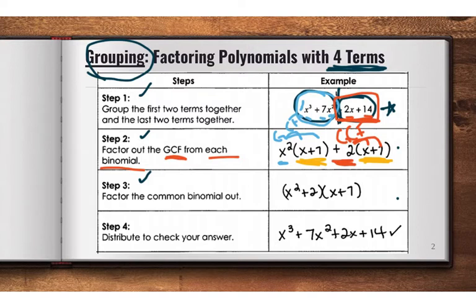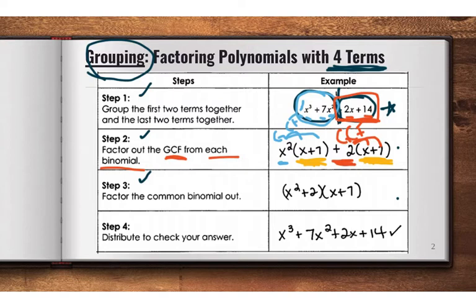You might have to reorder your polynomials, right? There are a couple things. Maybe you did a sign that was wrong. But at this point, both of your parentheses should be identical. And in the other video, I believe she calls them the twins, right? It's got to be identical.